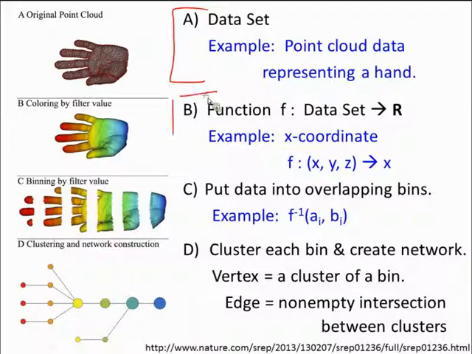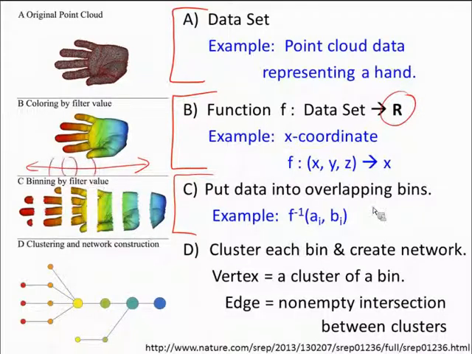Then we can choose a variety of different functions. We'll take a look at that to project it down. Then we have our choosing our overlapping bins. Generally speaking, we will take a look at one or more filter functions that go into R, and then we will partition them with things of equal length.